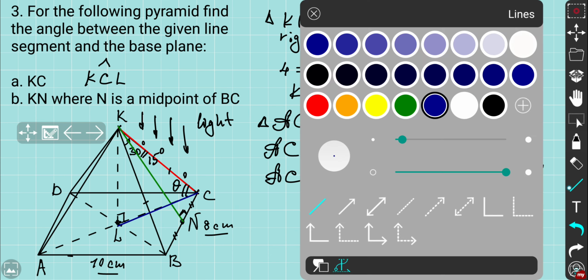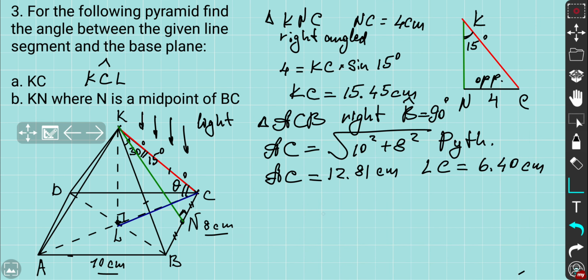We know LC, we know KC, and here we're going to use one more triangle, KLC. That's the triangle that we're going to consider. We know that KC is here.